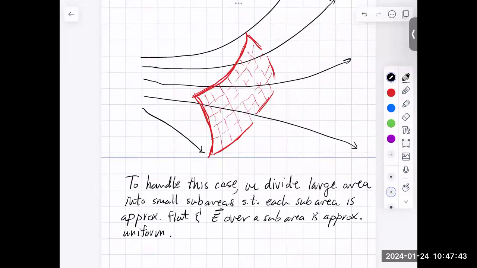Now you could say, maybe there's an extreme case where the electric field changes very, very quickly over a surface. Well, what you can always do is choose your patches to be smaller and smaller and smaller.